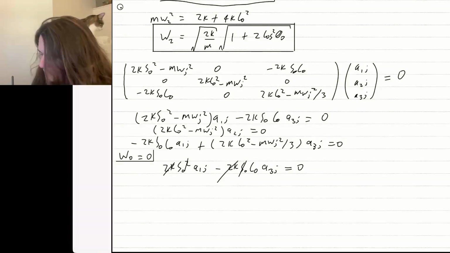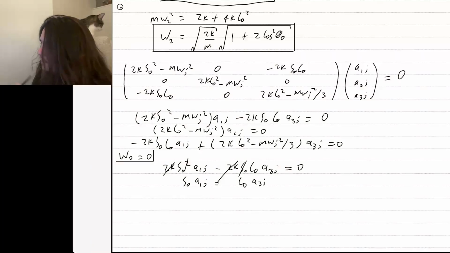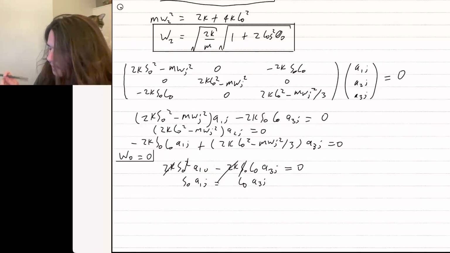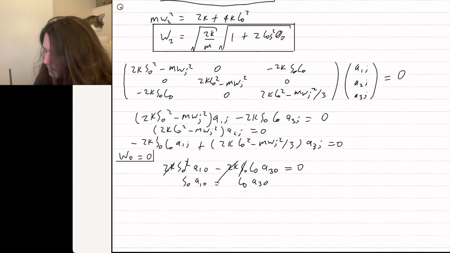So it's just s naught a1j equals c naught a3j. This is for the first eigenfrequency, so let me put the indices here, 0 and 0 and 0, right? So solving this for a10, we get c naught over s naught, a30.